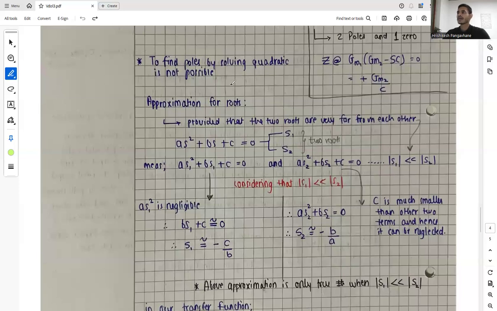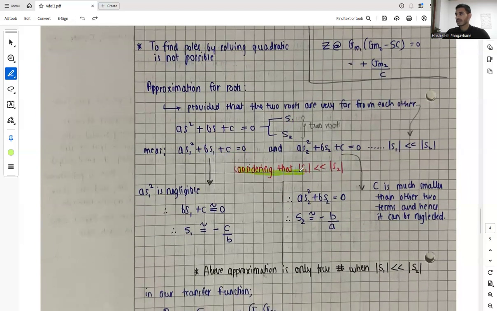In that case, we make an approximation for the sake of finding the roots, provided that the two roots are very far from each other. So mod of s1 is very, very less than mod of s2, where we have our roots at s1 and s2. If s1 and s2 are the roots of the equation, then this is true for the equation.